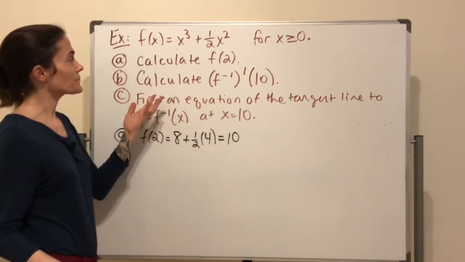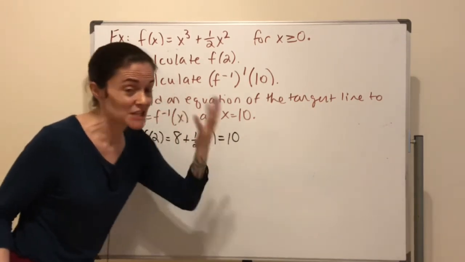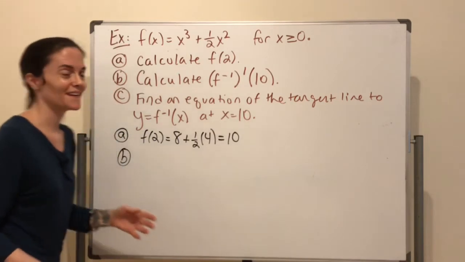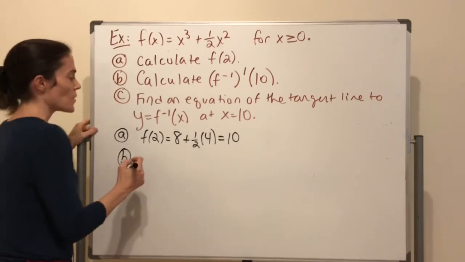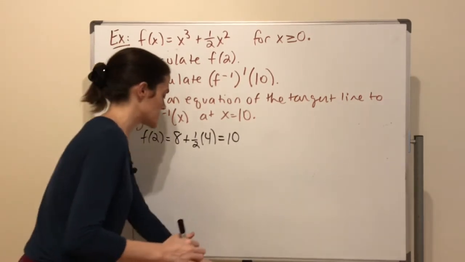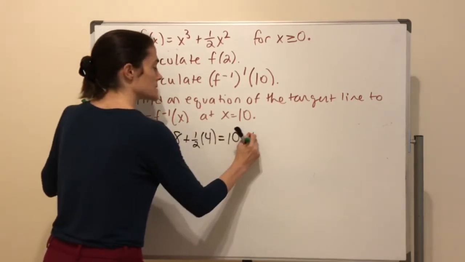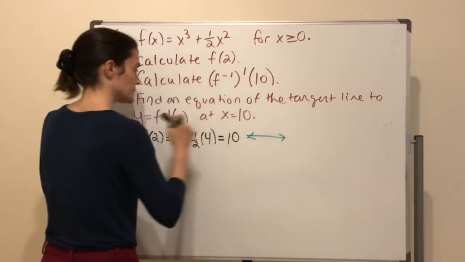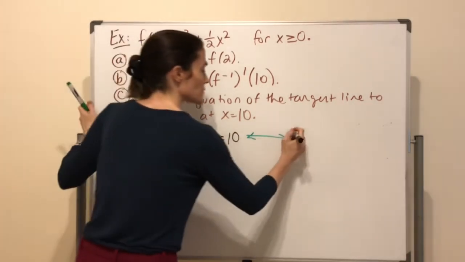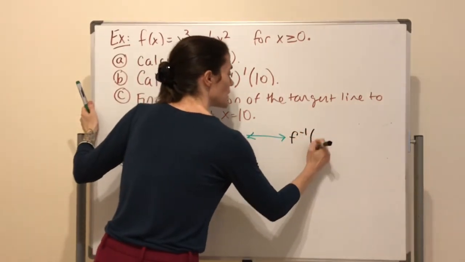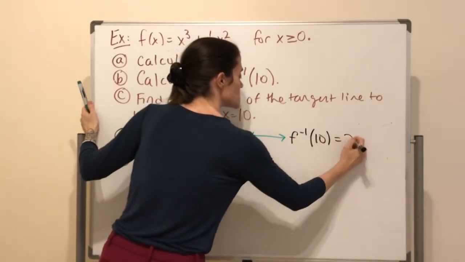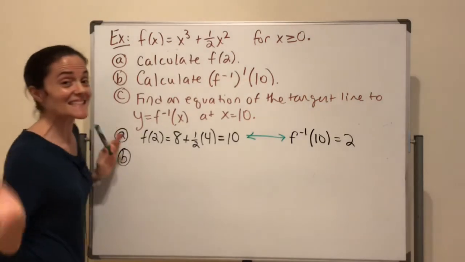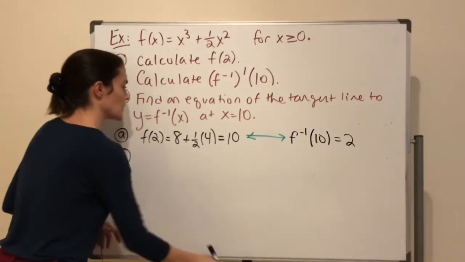Now, we don't want to actually find the inverse function, okay? So, what do we know? Let's move back here. This means that f inverse of 10 is 2. This is this relationship, okay?